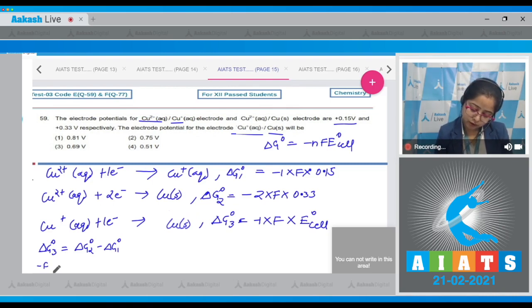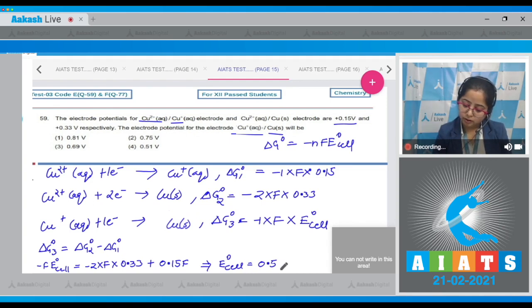Minus F into E naught cell, which we have to calculate, is equal to minus 2 into F into 0.33 minus minus plus 0.15 F. Students, using this equation we can calculate the E naught cell for the required reaction. So E naught cell here for the required reaction will be 0.51 volt. That means the correct answer is option number 4.